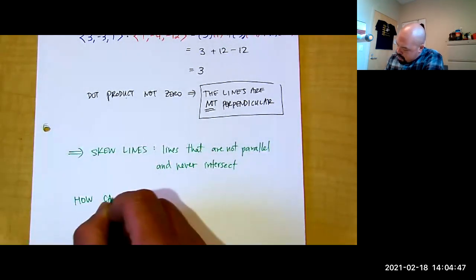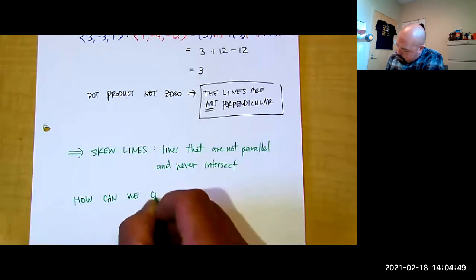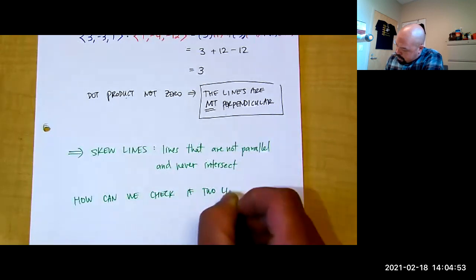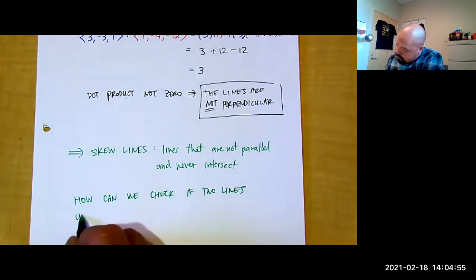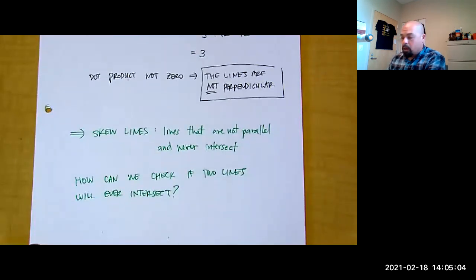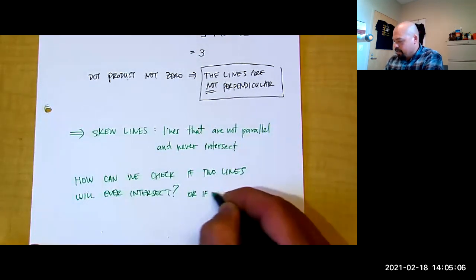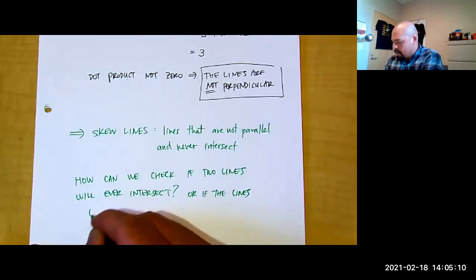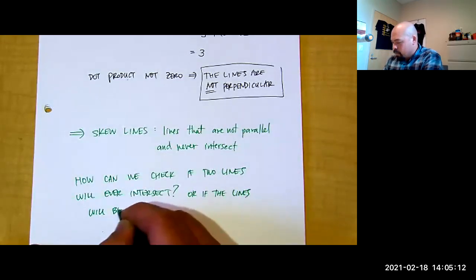How can we check if two lines will ever intersect, or if the lines will be skew lines?